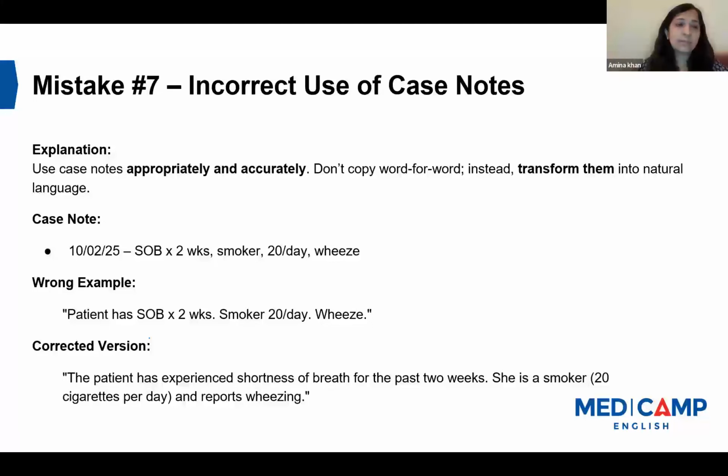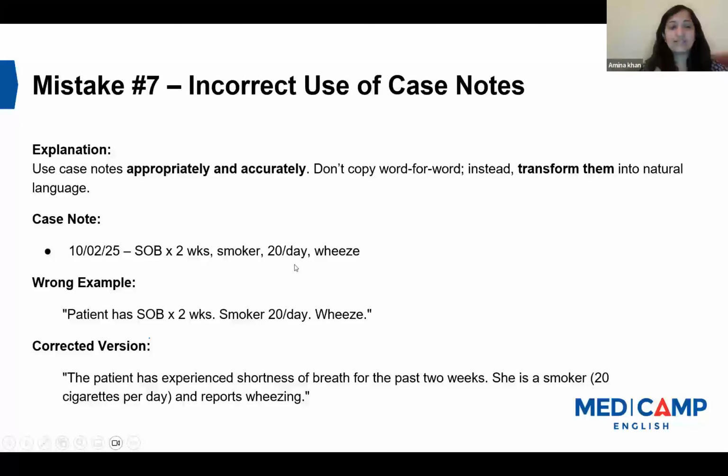There is a very good example here. This is how you will receive the information in your case notes. For example, date is there, SOB, 2 weeks, smoker, this much, wheeze. Now this is the note form of information, very short form of information. How you are going to convert it into proper sentence form is: the patient has experienced shortness of breath for the past 2 weeks.